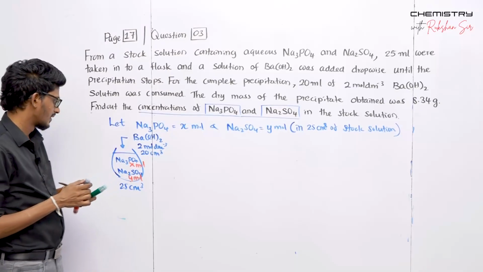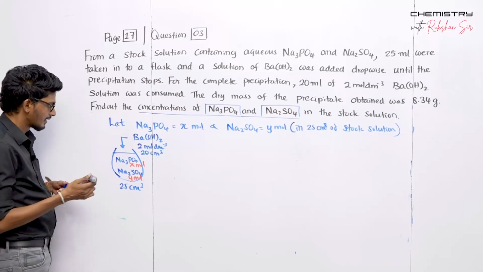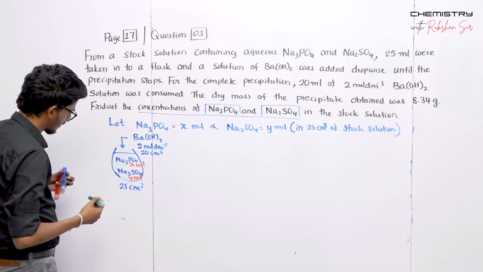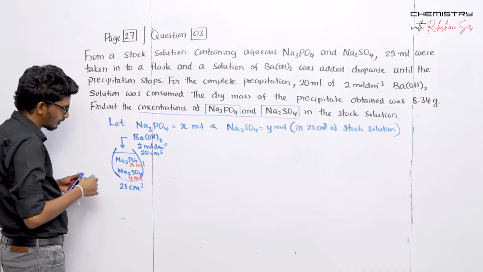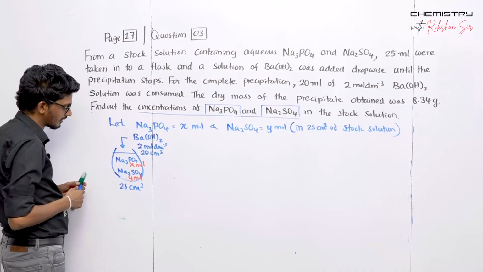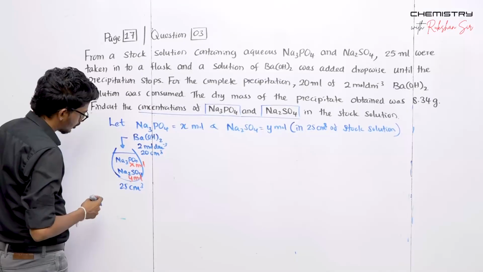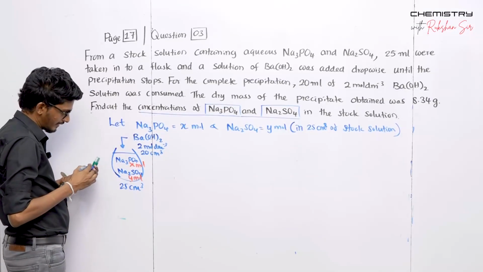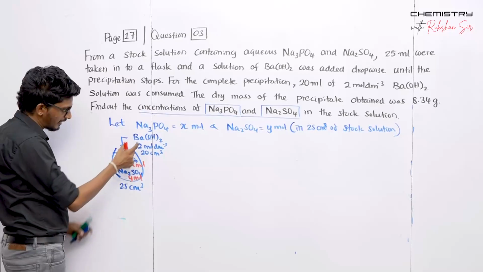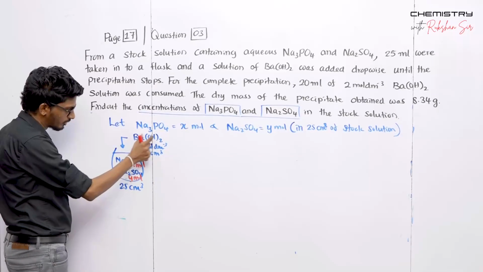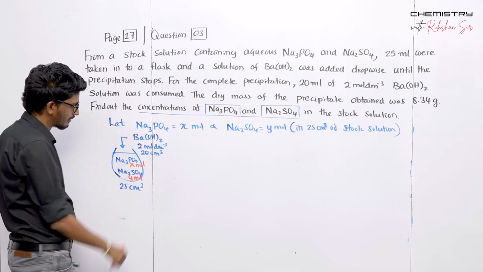First of all, let's consider what precipitates could be formed with this procedure. If you think of this solution, barium 2 plus as well as OH minus, both can get precipitated.